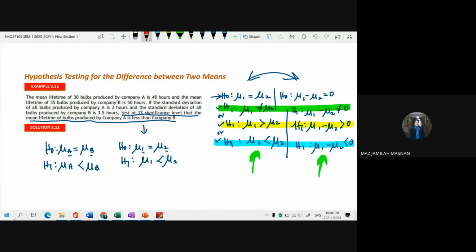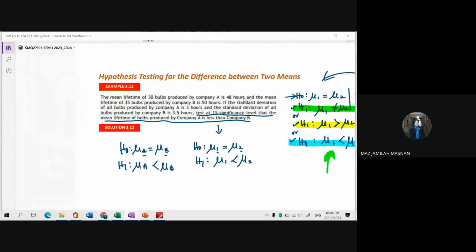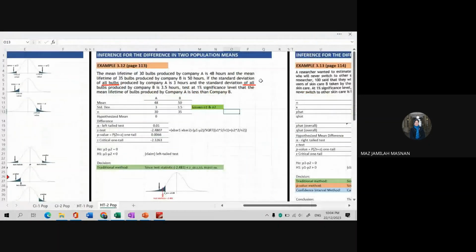Now, let's continue. So, we go back to our Excel just now. That's why in this case, I put the information accordingly. Then, why I put hypothesized value is 0, I wrote this way so that you can easily understand.